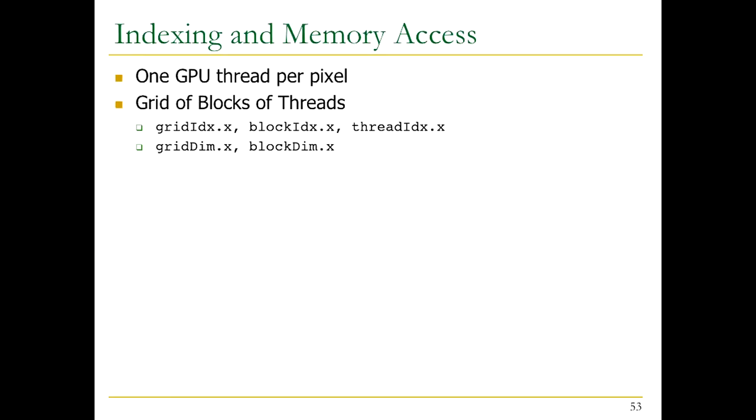Obviously, this is defined by the programmer when we launch the kernel. So within the kernel, we can use the number of thread blocks that have actually been launched. This is gridDim, the dimension of the grid. And we can also use blockDim, which is the dimension of the block, that is the number of threads within the block.